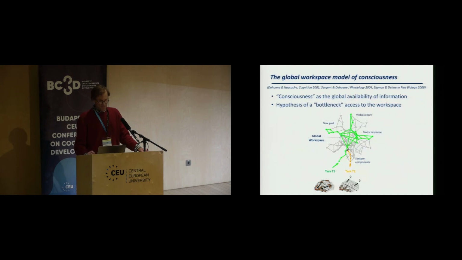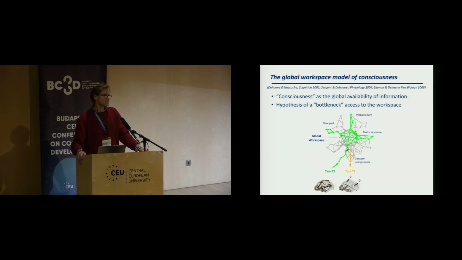But finally, all these results fit nicely with the global workspace model of consciousness. You may know that Sébastien and myself are in a lab headed by Stan Dehaene, who is a key contributor to this model of consciousness.